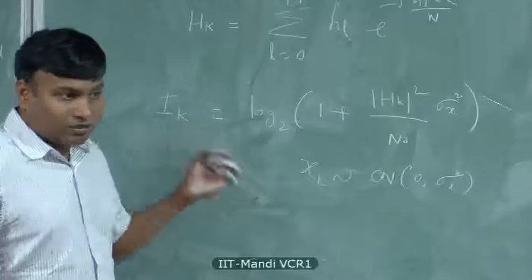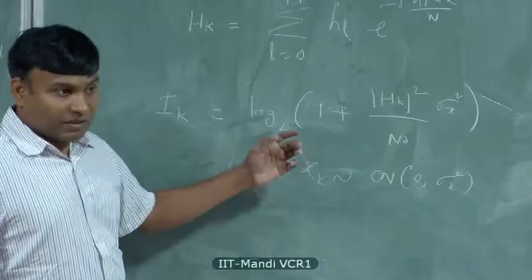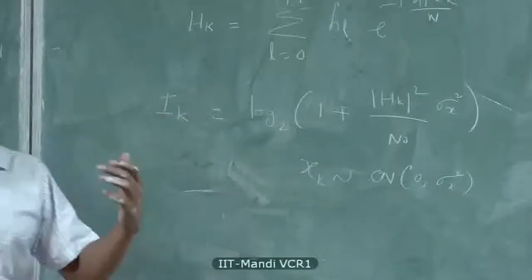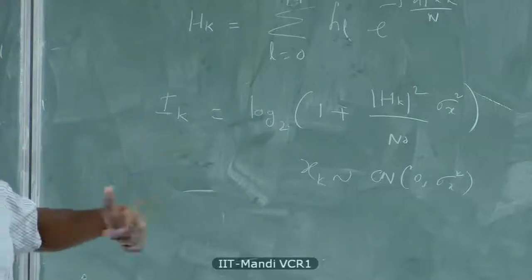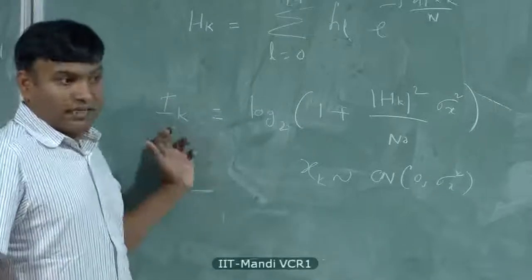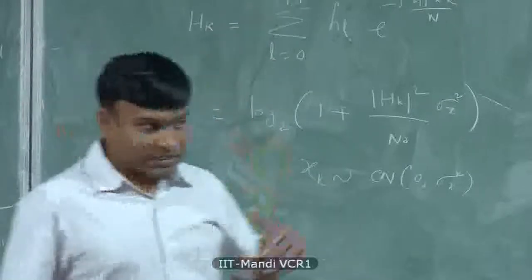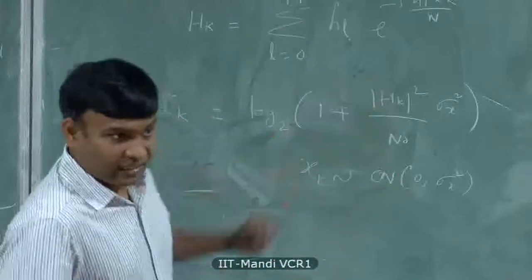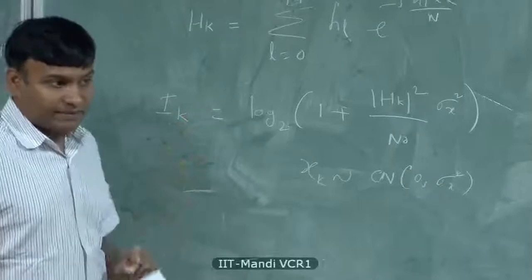Here I use the word mutual information because we are not allowing feedback from receiver to transmitter. You can also give feedback on the channel states and get the ultimate capacity, which is somewhat higher. You can optimize the transmit power on different subcarriers depending on the channel gain, which we will not do right now. So you can treat it as a capacity without feedback.